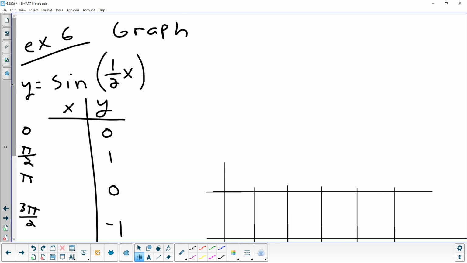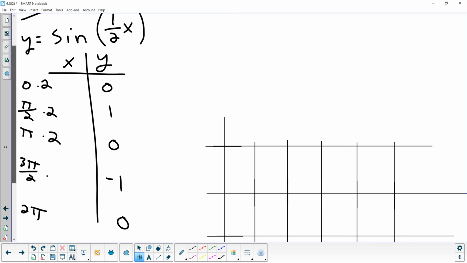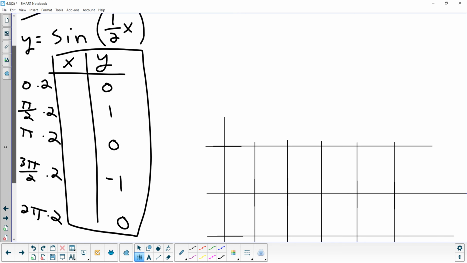I don't want to think of it that way. I could divide by 1/2, or what could I multiply them all by that would be the same? Tyler? 2. Let's just double all of them. And that'll be my answer. 0 times 2 is 0. What's pi over 2 times 2? Yep, pi.